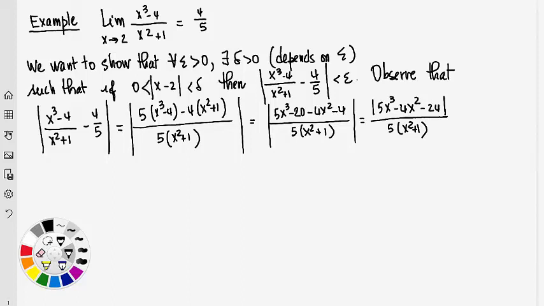Now I will use long division, and I'm not going to go through the steps, but you should pause the video and verify for yourself that indeed the numerator factors as follows. It becomes (5x squared plus 6x plus 12) times (x minus 2), over 5 times (x squared plus 1).